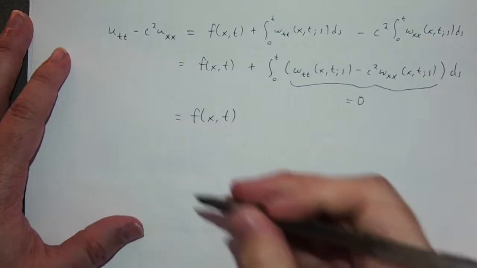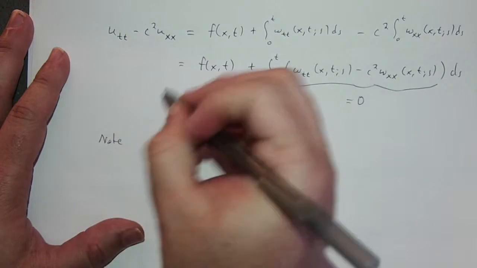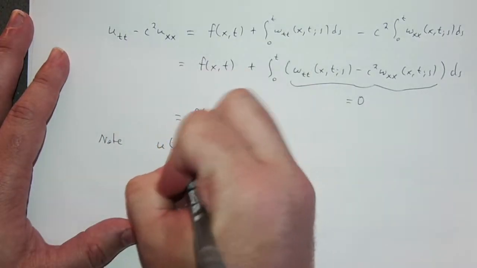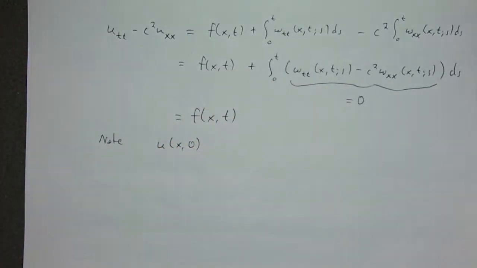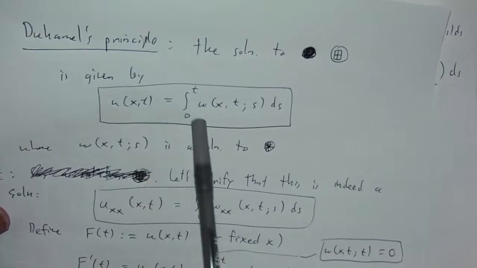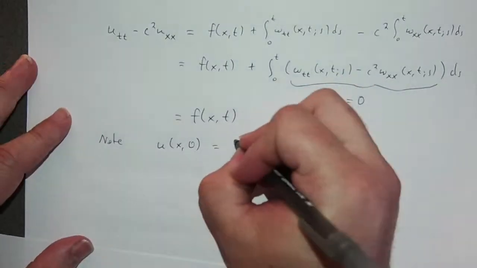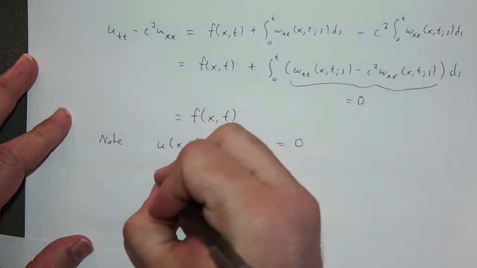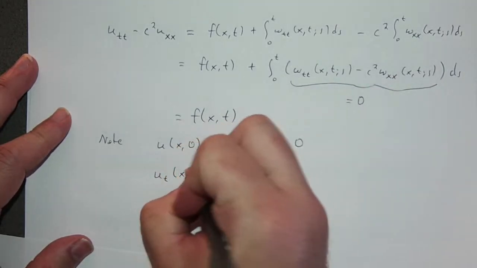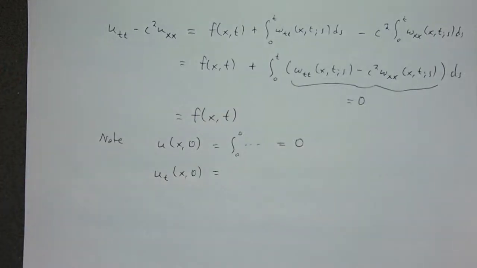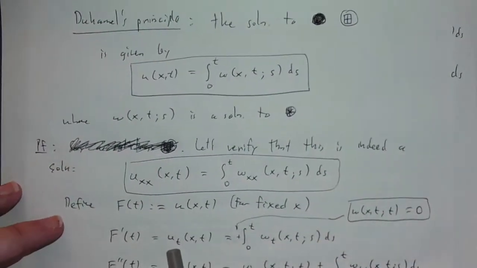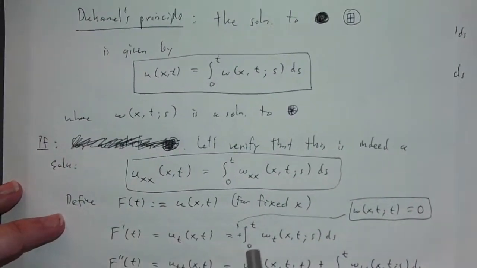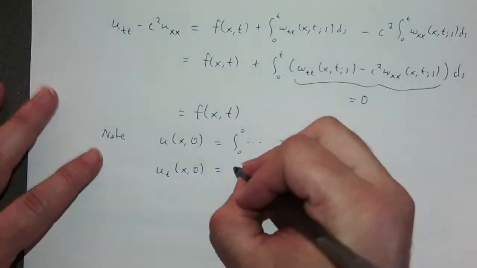Now, note, what is u of x, 0 by this definition? Here's what u is. U of x, 0 is the integral from 0 to 0 of stuff. Who cares? That's 0. And u sub t of x, 0 is, u sub t is this expression, which again is the integral from 0 to 0 of stuff.